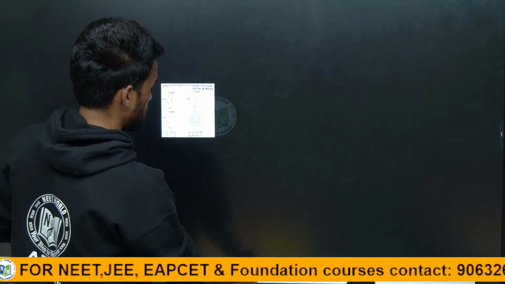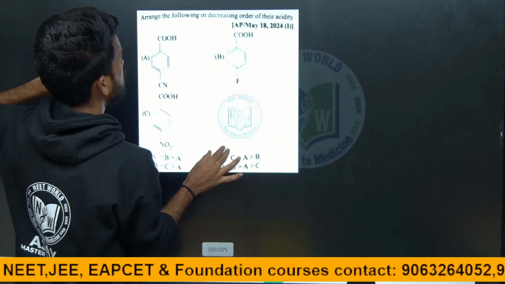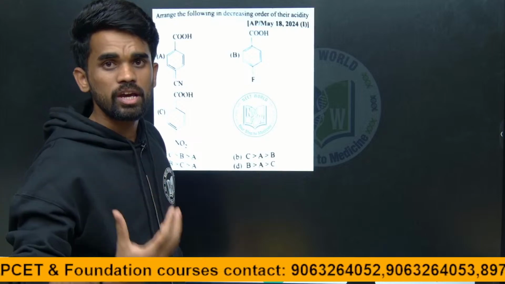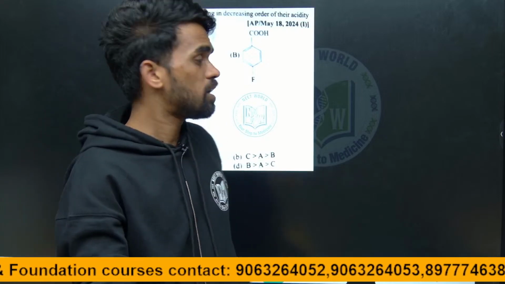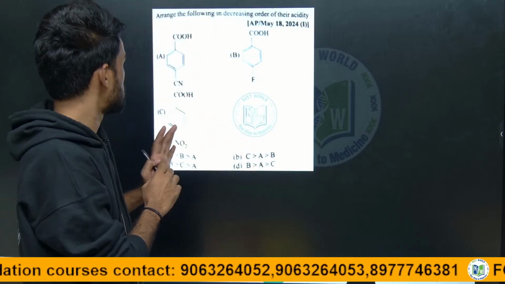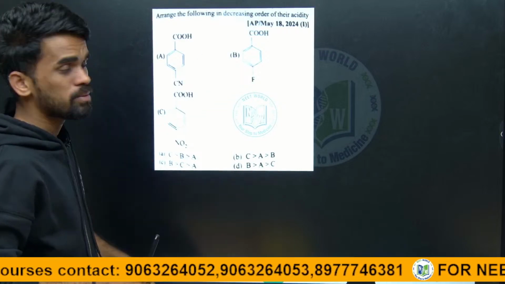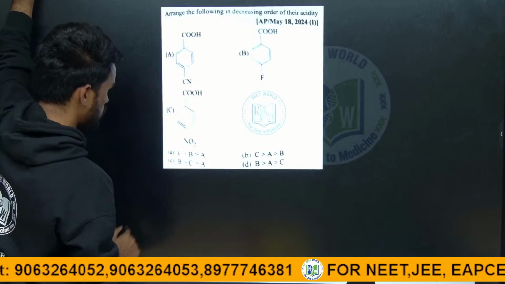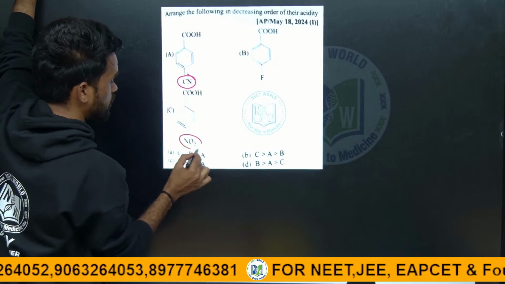Now tell me for this, even for carboxylic acids, electron withdrawing groups increase the acidic nature. So which is the stronger minus M effect group? Here it is cyano group, CN, and here we have nitro.